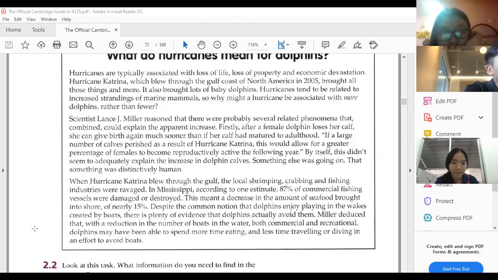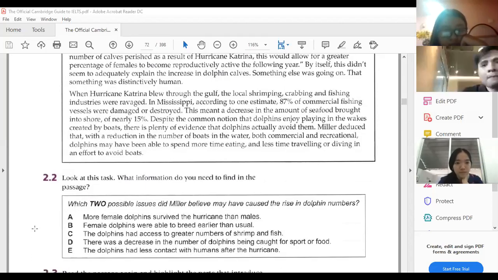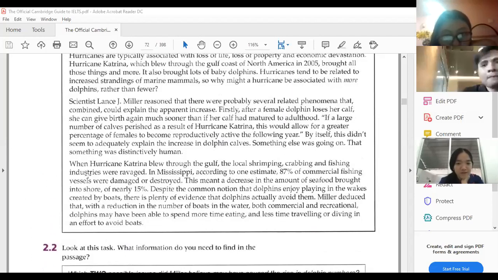All right, let's go. We should get the answer now. So A, is A the answer? More female dolphins survive the hurricane than males. Is there anything that states so in the text, that female dolphins survive the hurricane but not male? Yes or no?